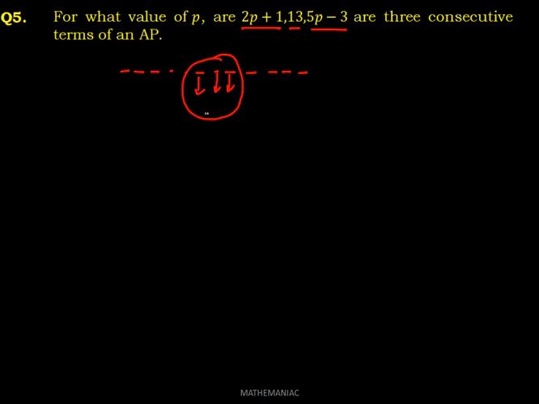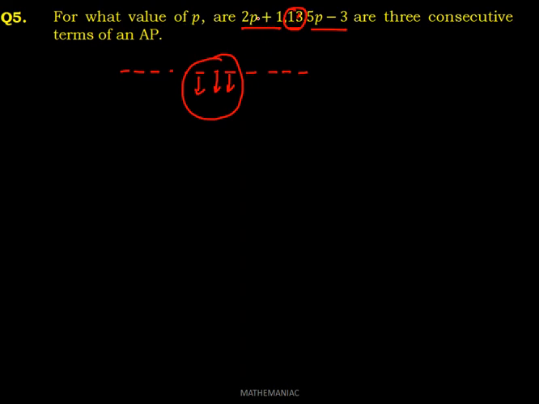In the very first slide, if you remember, I discussed, if you need the next term of an AP from the present term, you have to add the common difference. Or if you need the previous term from the present term, you need to subtract the common difference. So here, if they are neighboring terms, from here, if I subtract, I am obtaining 13 from here.